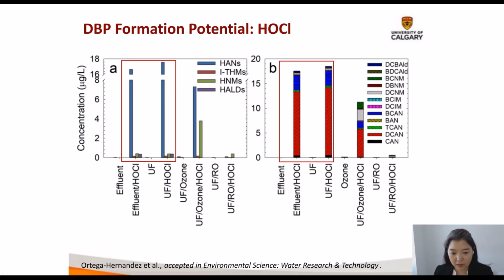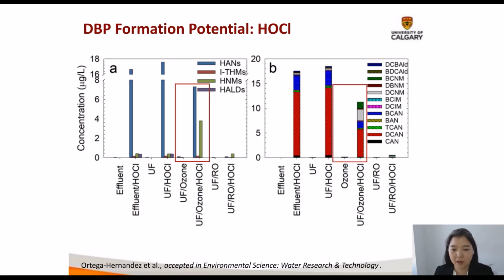And so after that, we also observe halocyanonitriles as a predominant DBP class due to, again, dichloroacetonitrile. But we also observe halonitromethanes as well.